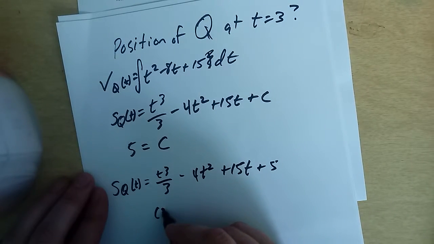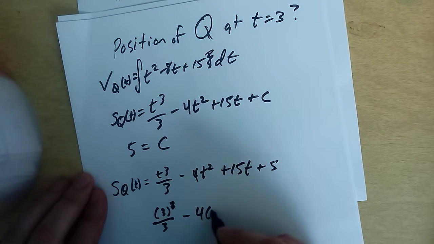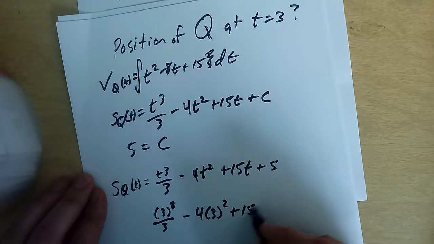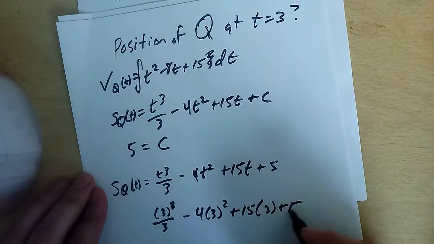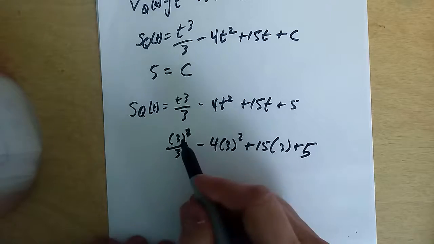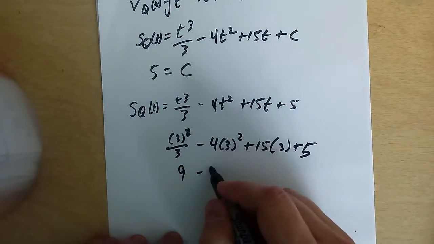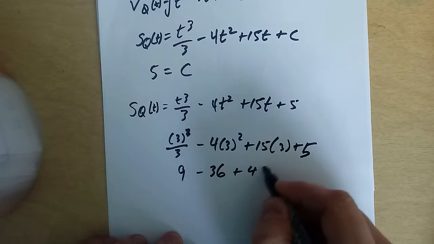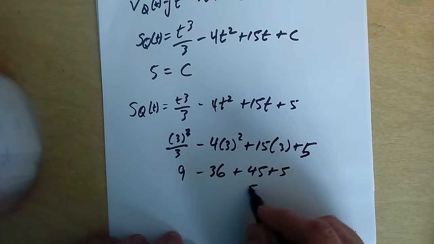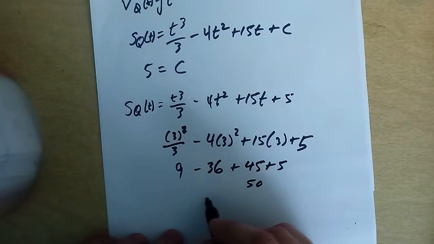And now I just plug in 3. So that's going to be 27 over 3, which is 9, minus 4 times 9, which is 36, plus 45, plus 5. That's 59.